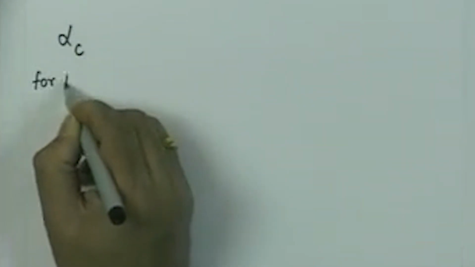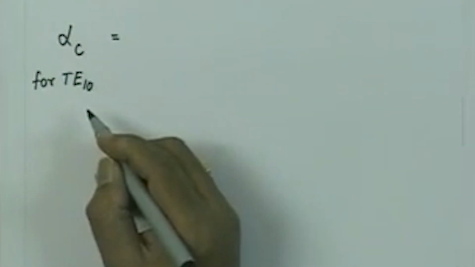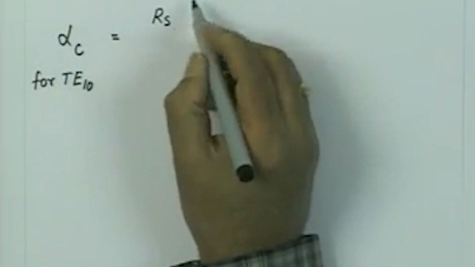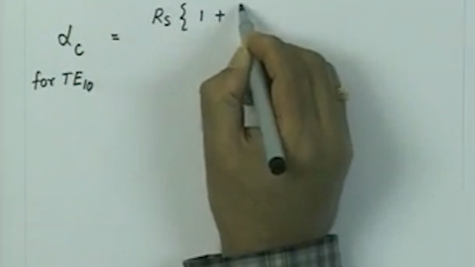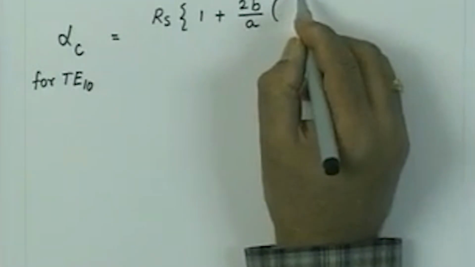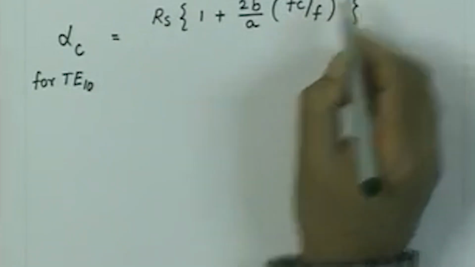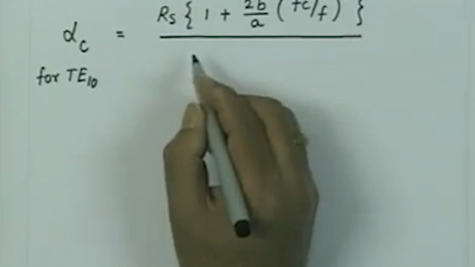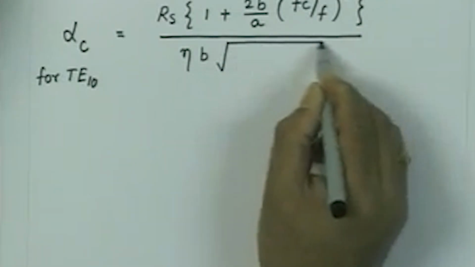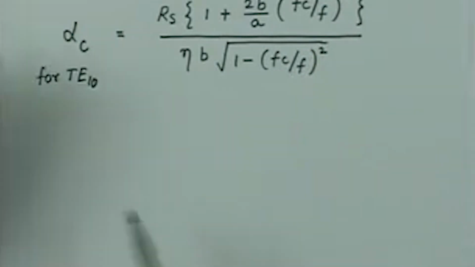So, we get alpha c for TE 10, and that is equal to Rs (1 plus 2b upon a times (fc upon f) whole square) divided by eta b square root of 1 minus (fc upon f) whole square.